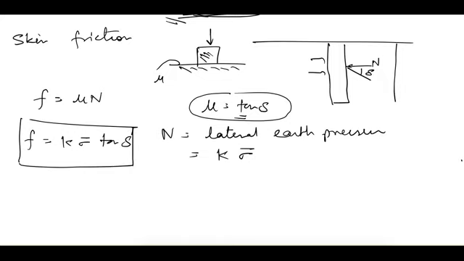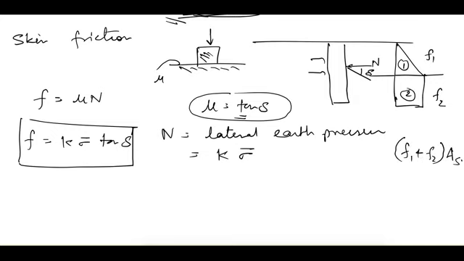But the value of sigma, we saw the diagram is something like this. So we'll divide it into two parts, that is this is part 1 and this is part 2. So we'll find the sigma separately and then we'll calculate. We'll find the unit skin friction, let's say f1 in this part and f2 in this part. So we'll do f1 plus f2 multiplied by the surface area.